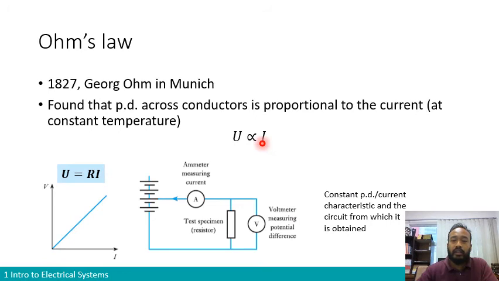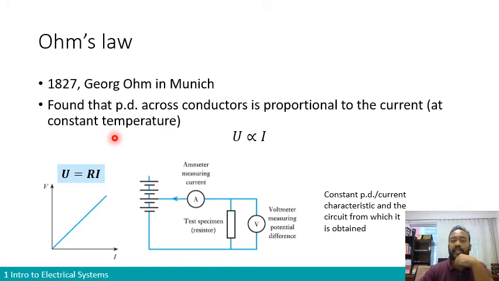In relation to that resistance, there is the Ohm law that was found, that led to the definition of resistance. Ohm law was found by George Ohm in Munich in 1827.